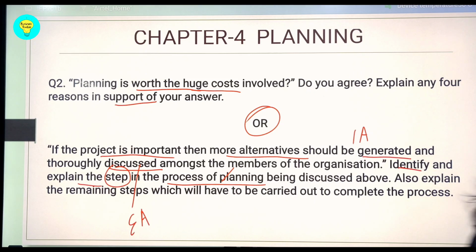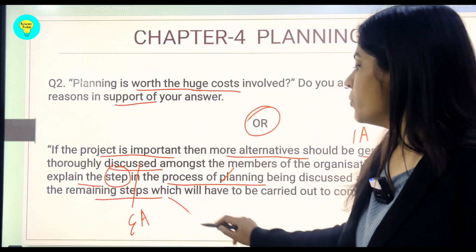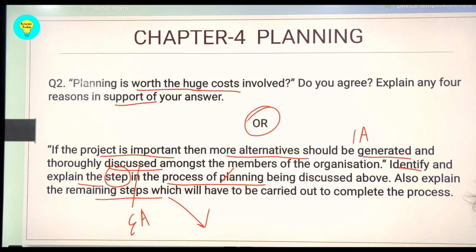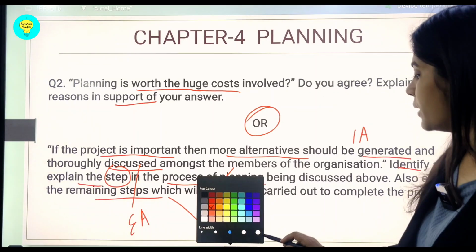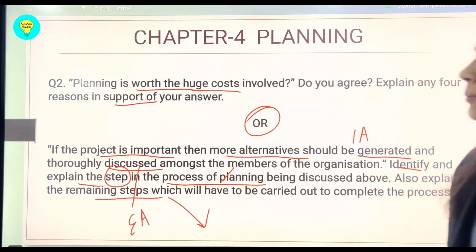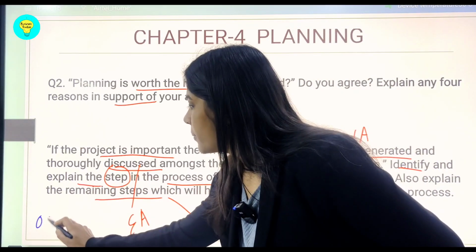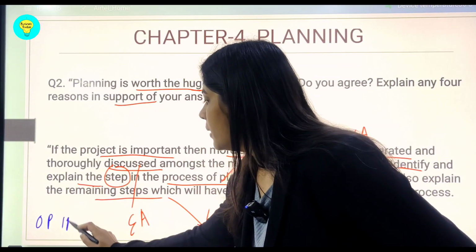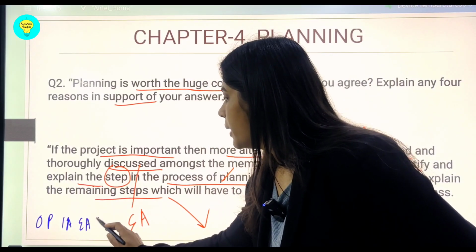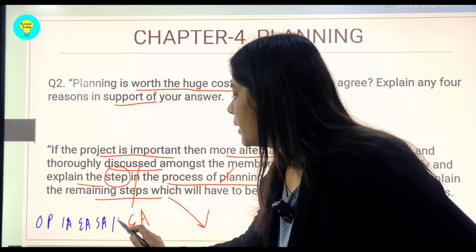Now we have to explain the remaining steps. So if you know the acronym, students, as I told you, the acronym cannot be changed as it is in chronological sequence. So it was OP, IA, EA, SA and IF.